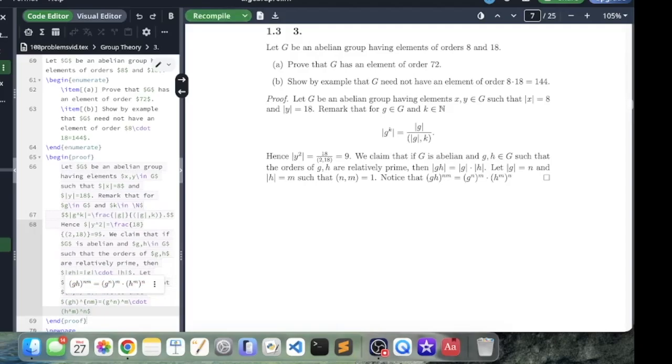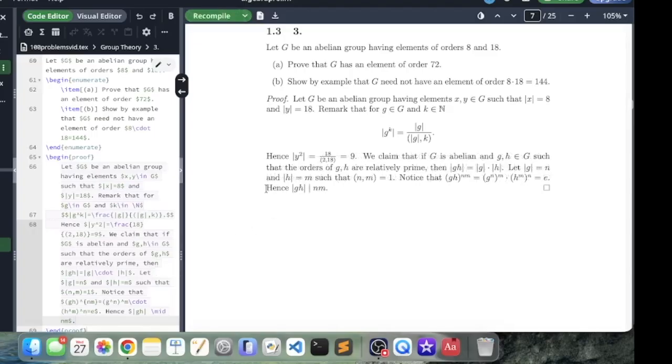And then from how we defined their orders, this is just the identity. So we showed that gh raised to the nm is equal to the identity. Hence the order of gh divides nm, or it's less than or equal to nm, whatever categorization you like.